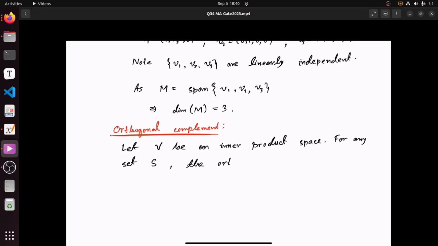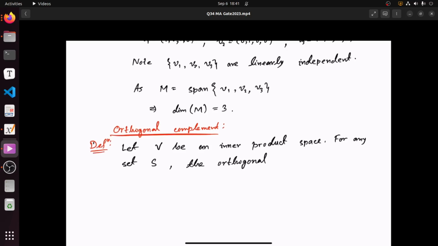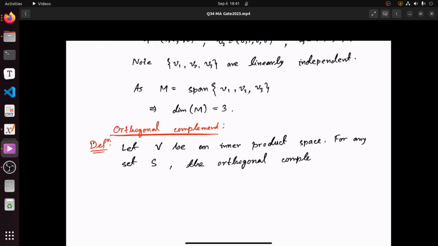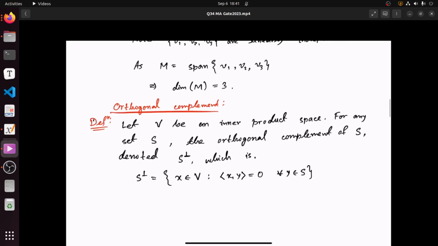The orthogonal complement of S, denoted by S perp, contains all x in V such that the inner product of x and y is 0 for all y in S. This is called the orthogonal complement.